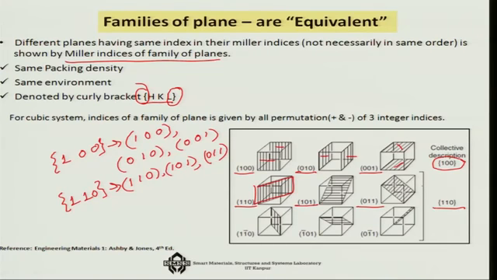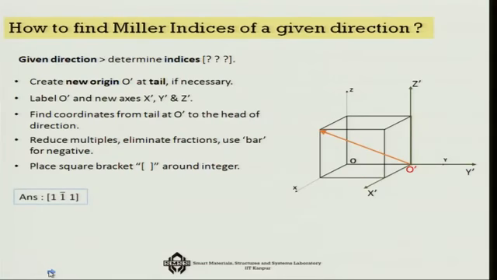So, those are the 3 planes that we have shown. Similarly, in the negative direction we do the same thing and get another family of planes. So, that is how the family of planes are defined with the help of curly brackets.